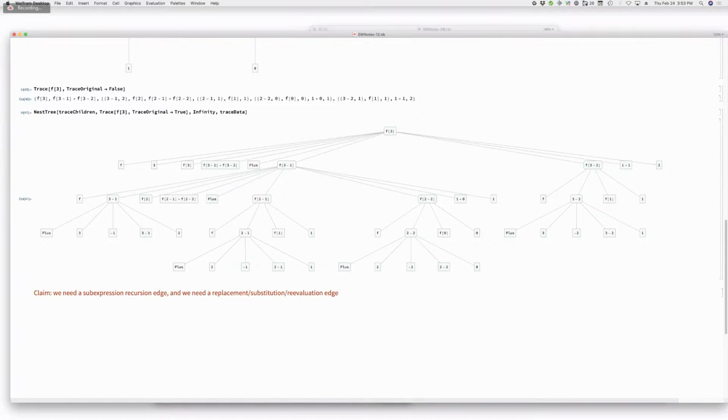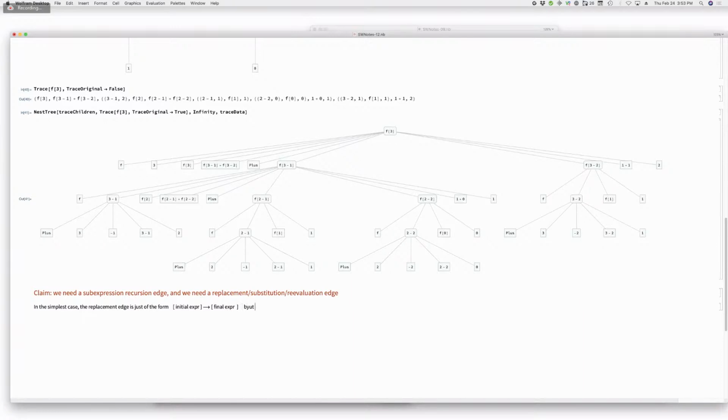Okay, so now my claim would be that in the simplest case, the replacement edge is just of the form, initial expr, arrow, final expr.